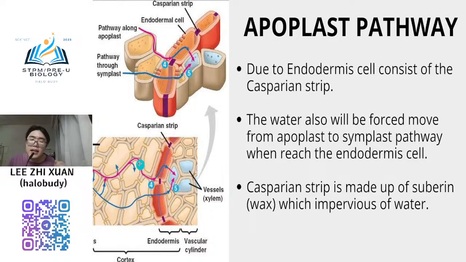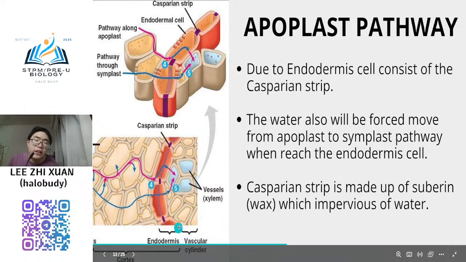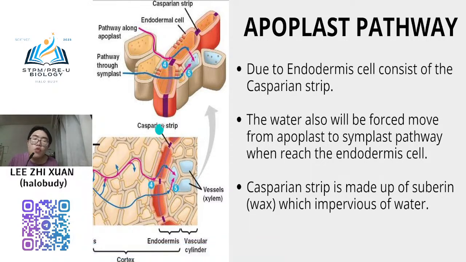When the water reaches the last layer of the cortex tissue, which we call the endodermis, the water molecule will be forced out from the cell wall and go through the symplast pathway. So you see that the water is first moved from the apoplast to the symplast pathway when it reaches the endodermis cell.